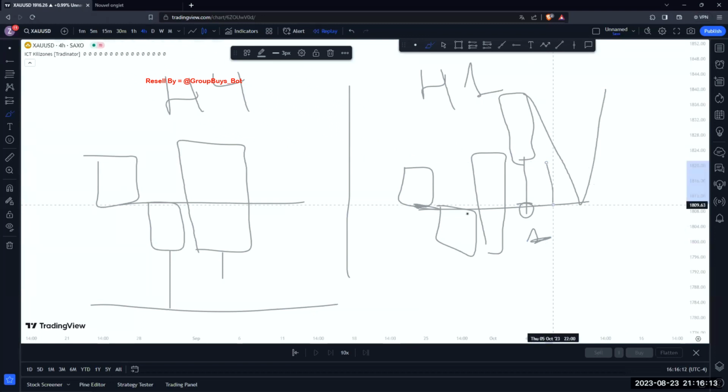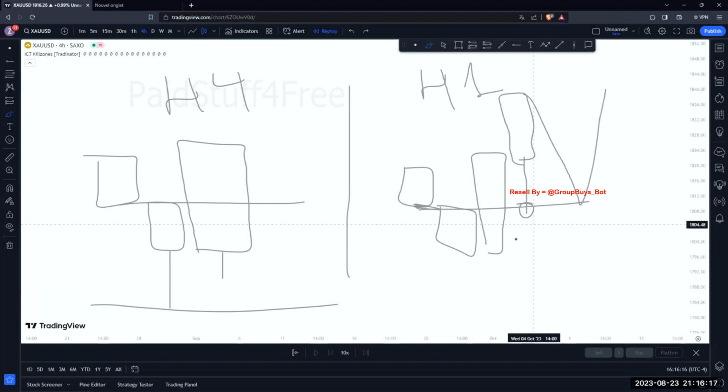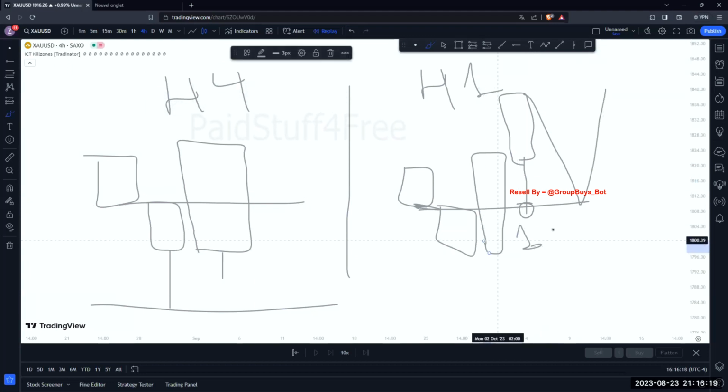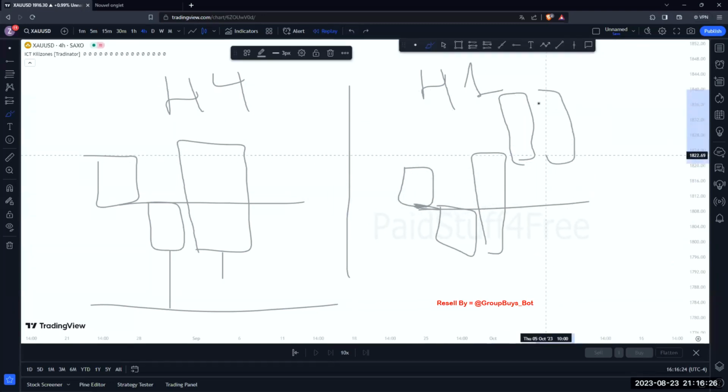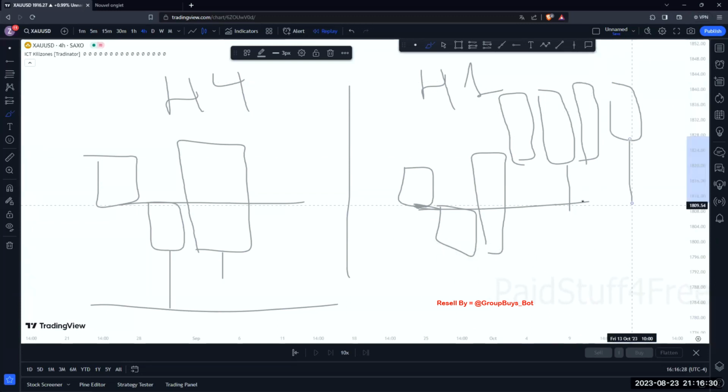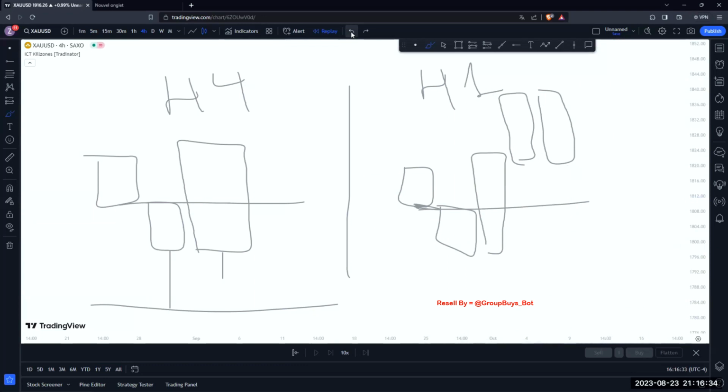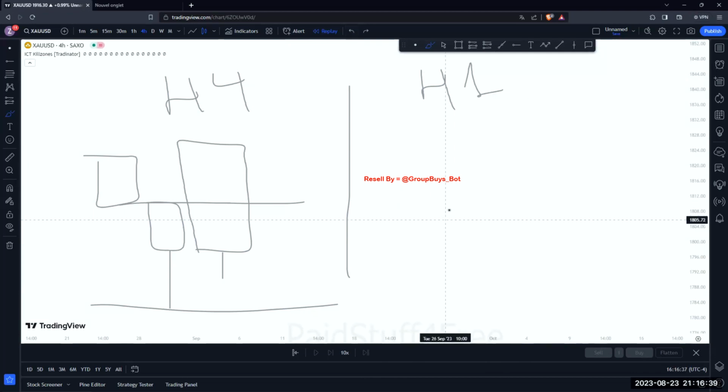If there is another wick somewhere around here, do not take it. It has to be one wick. And let's say price does this and then goes up. If it comes back down, you can still take one more entry. Got this, guys? But now let me give you one more example.